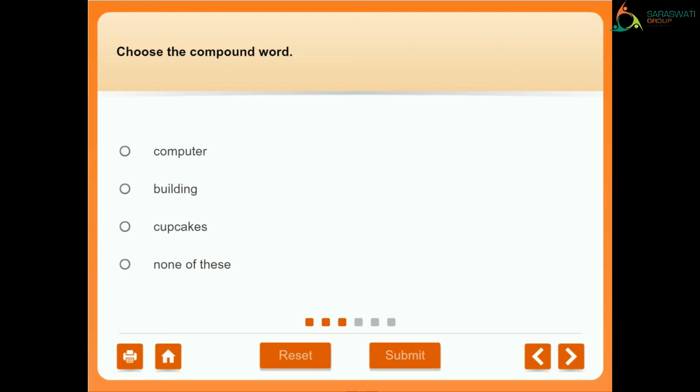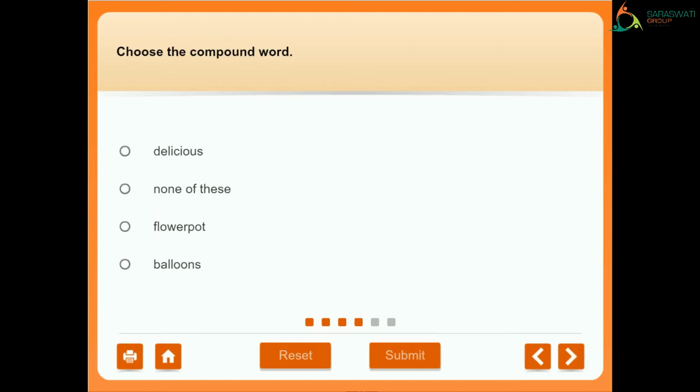So let us go for cupcakes. Submit. Yes, cupcakes is the correct answer because that single word is made up of two words, that is cup plus cakes. Cupcakes.